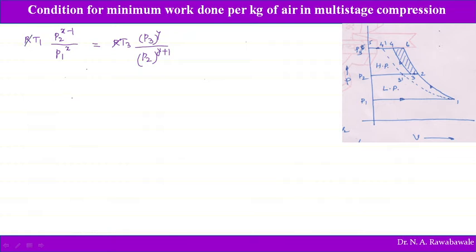Now collecting these terms, transferring denominators on opposite side, we get T1 P2 to the power of x minus 1 into, so this denominator P2 to the power of y plus 1, on left hand side, and on right hand side T3 P3 to the power of y into P1 to the power of x.